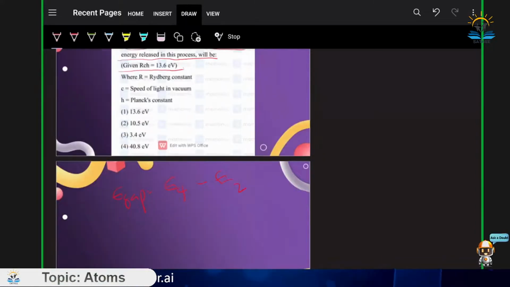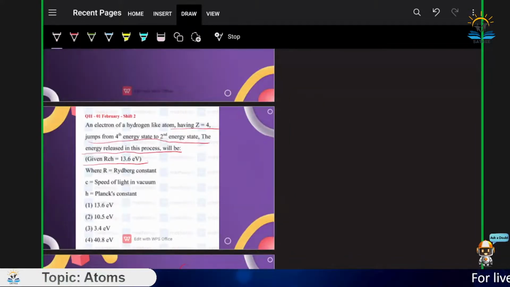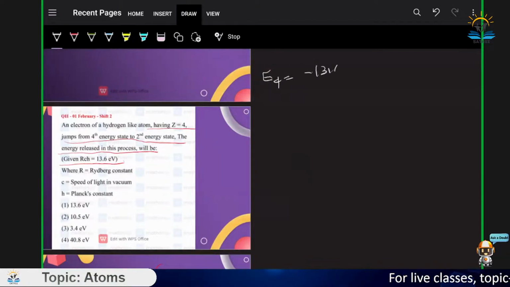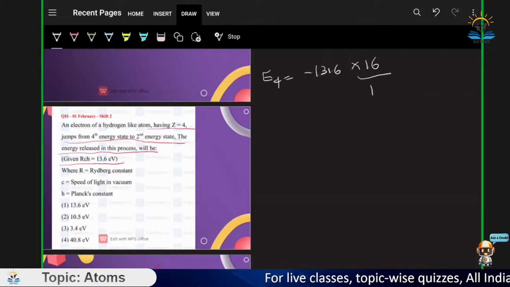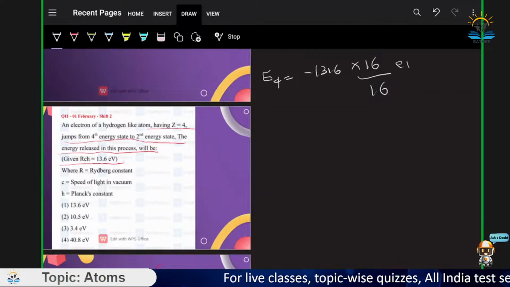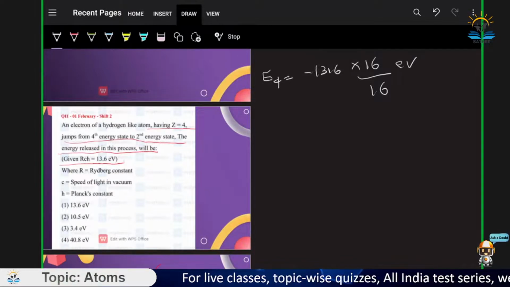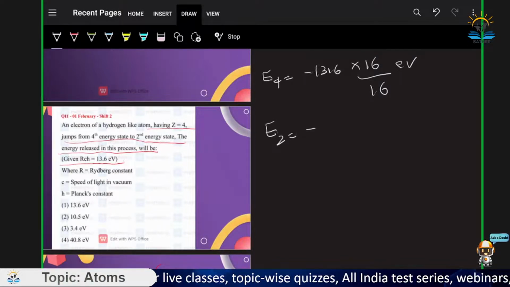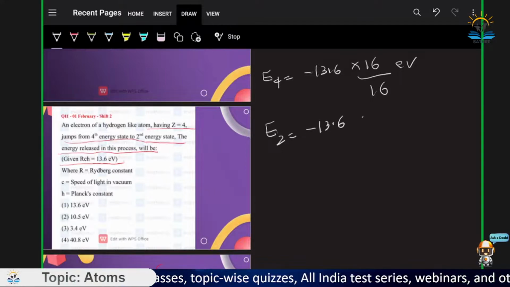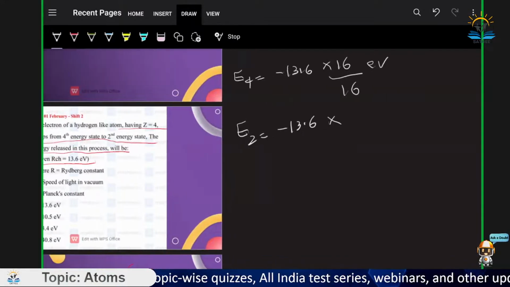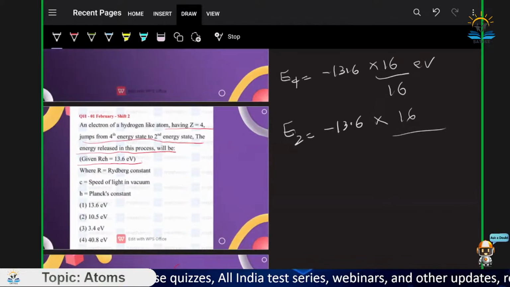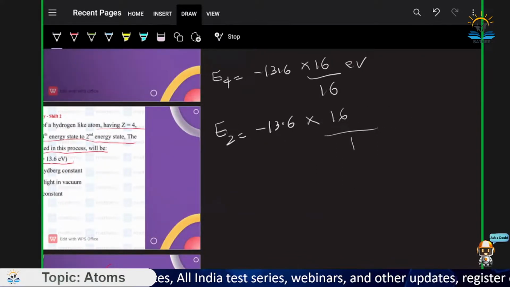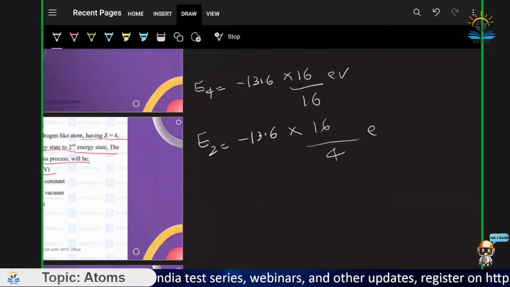First, E4 will be how much? Minus 13.6 Z square by n square. Z square is 16 by n square, n square is also 16, electron volt. And E2 will be minus 13.6 into Z square by n square. Z square is 4 again, but n square is 2 square, that is 4, electron volt.